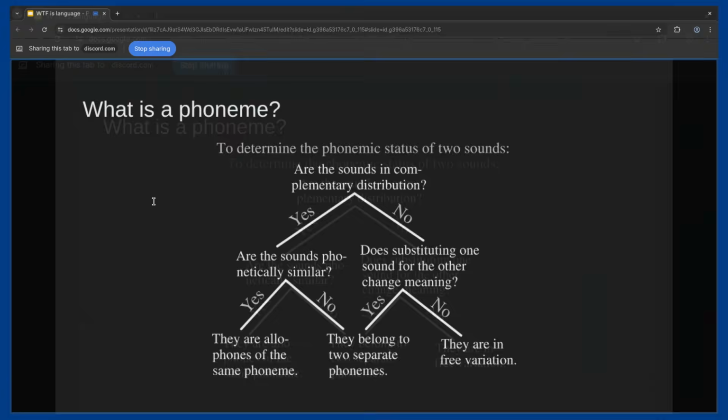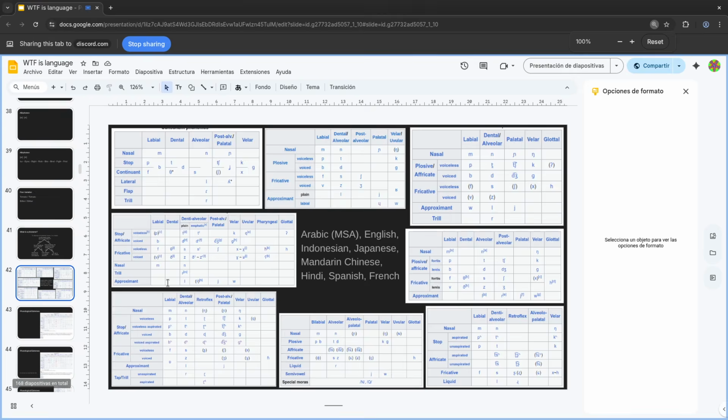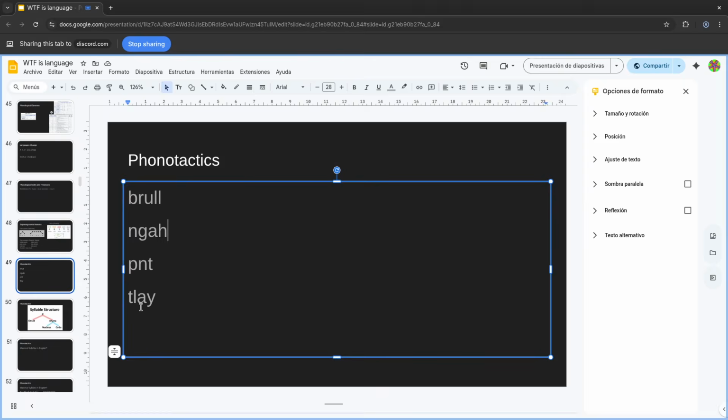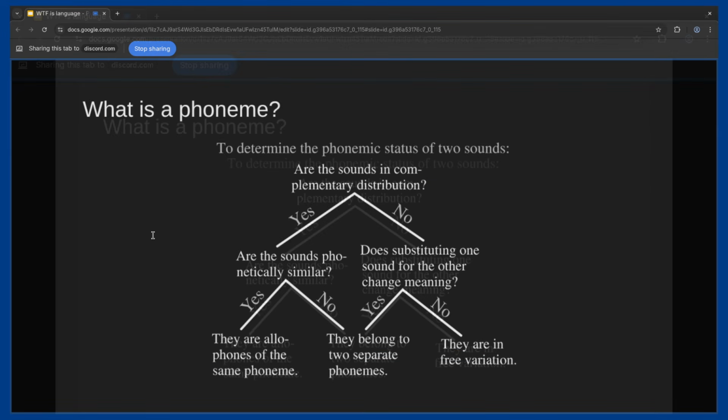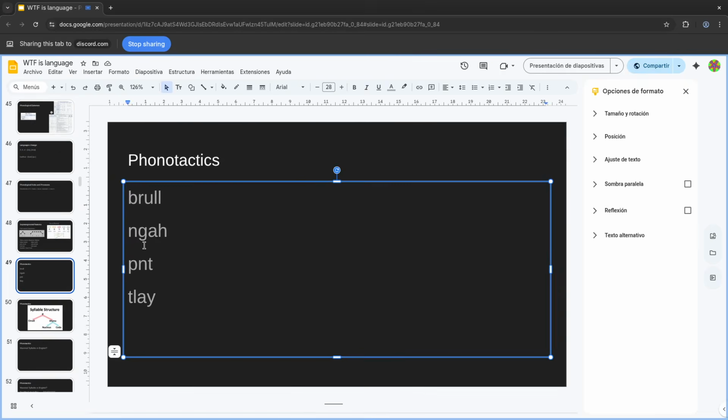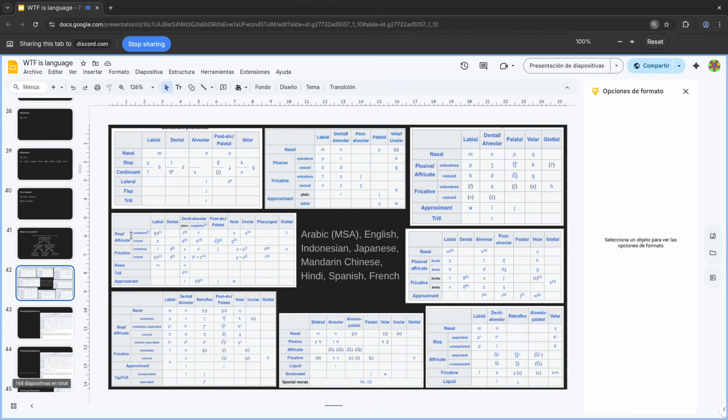Sorry, I lied. One of these examples is plausible, that being brol, and the other three are not. So for example, in English, H would always be at the beginning, and ng can only happen at the end. Whereas in Indonesian, this is totally fine, to start with a nga and end in a ha. Ngah, that's totally normal sounding in Indonesian. Anyway, that's what phonotactics is about.